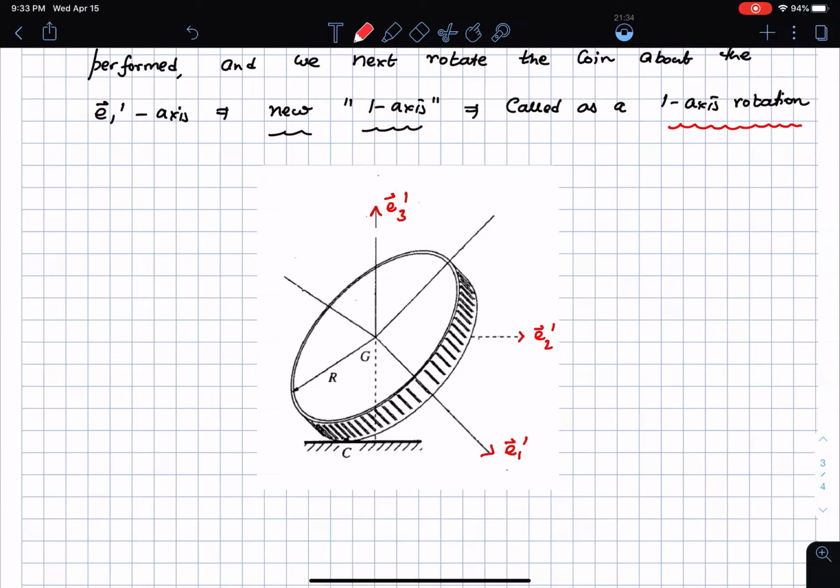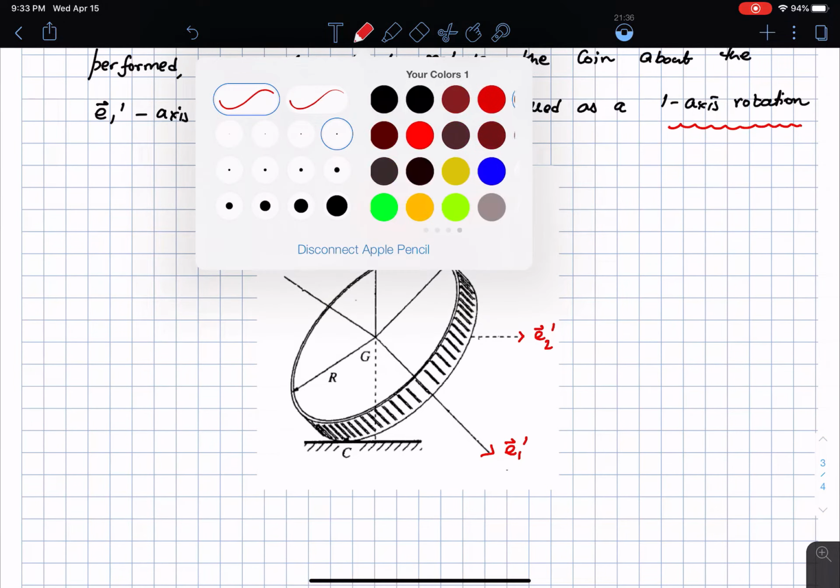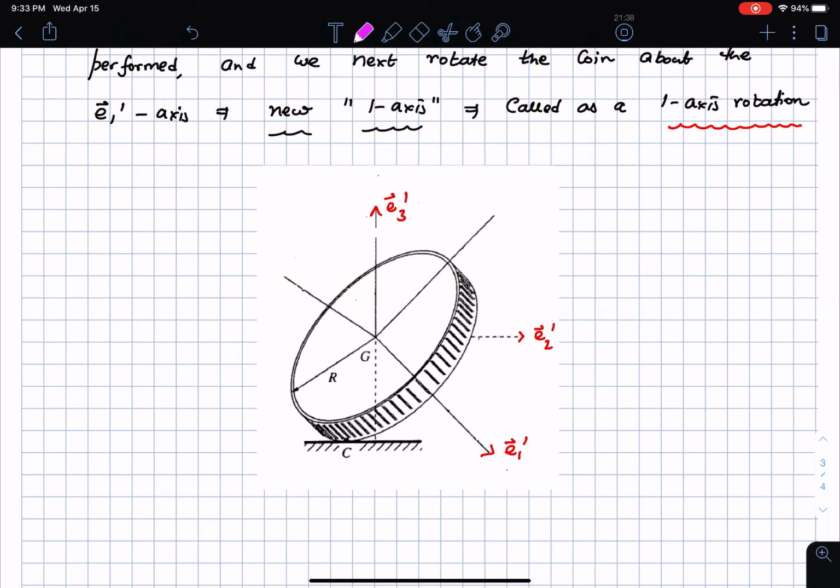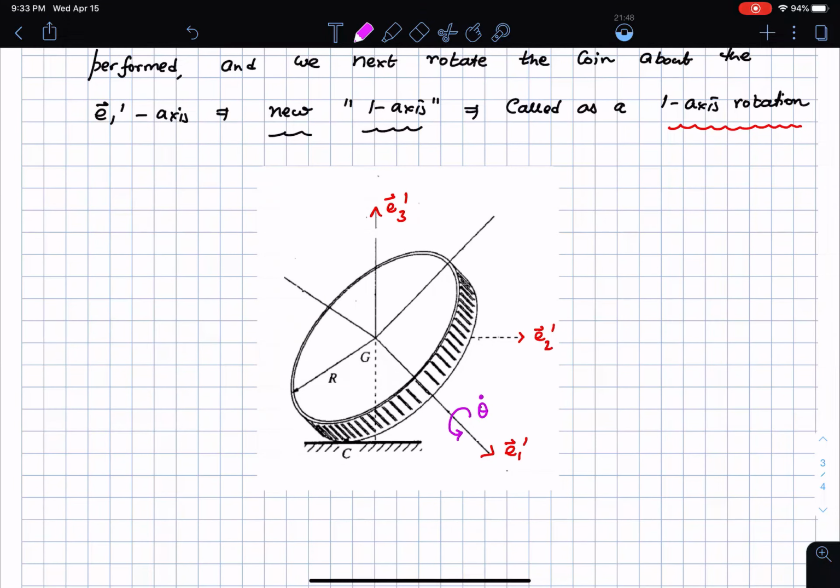Now I'm going to take the coin and rotate it about the E1 prime direction by an infinitesimal or incremental amount of theta dot, and so this tells me that E1 prime will be coincident with E1 double prime.